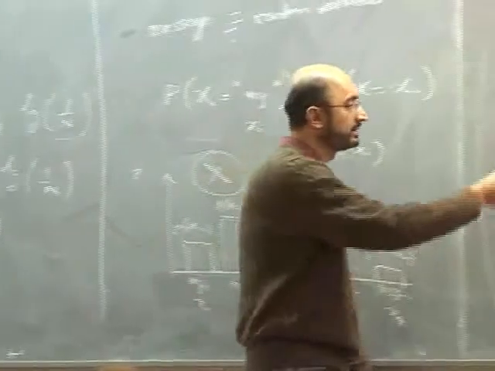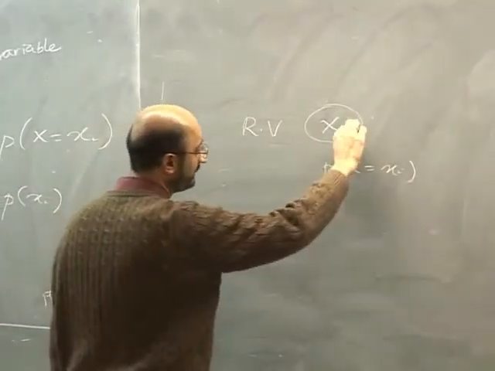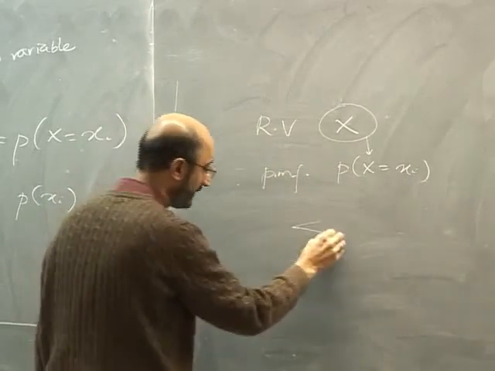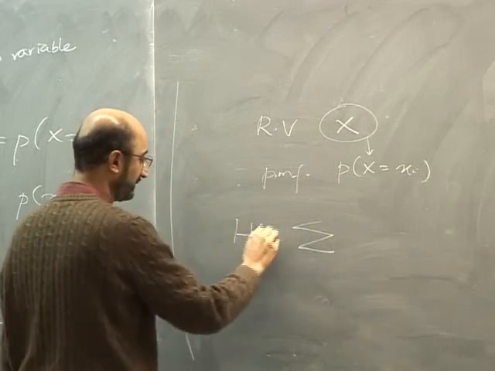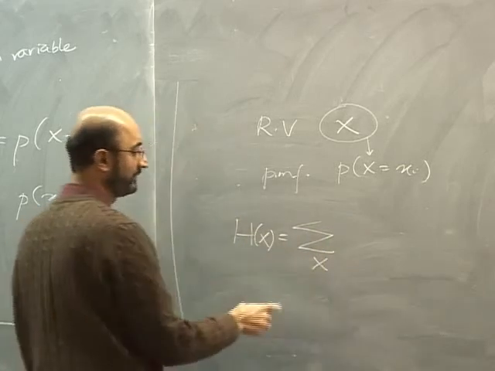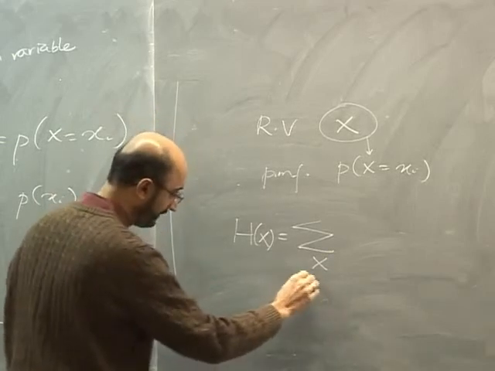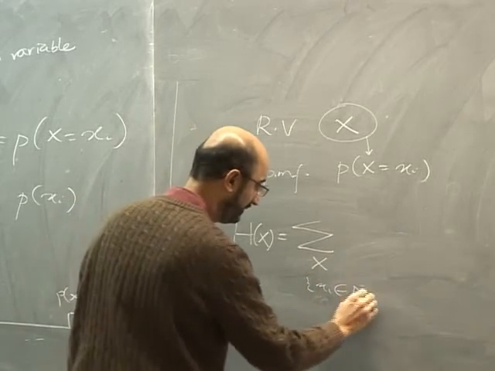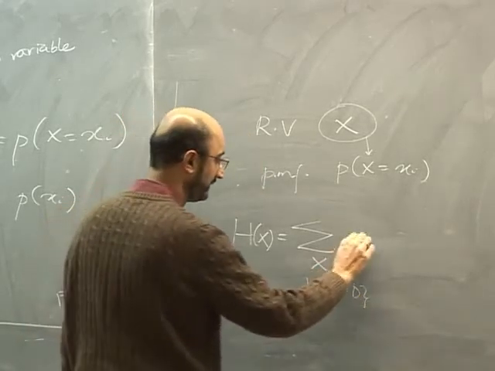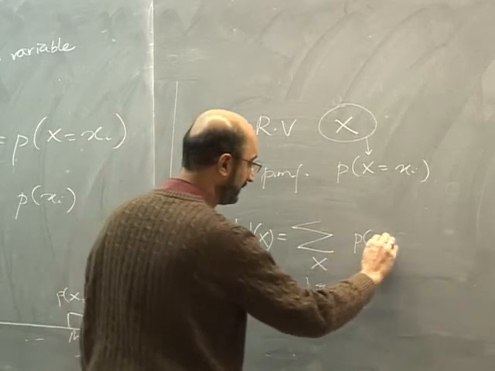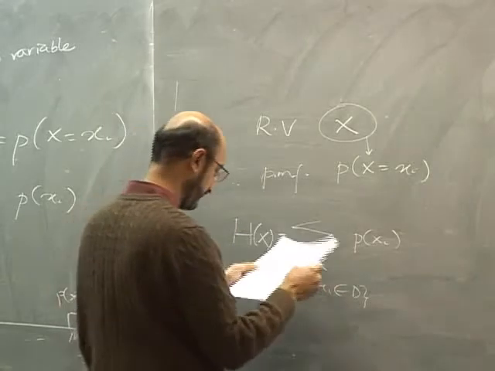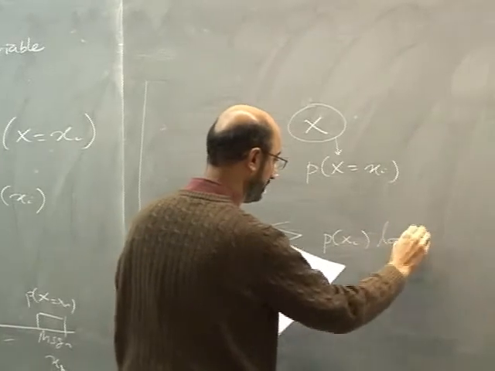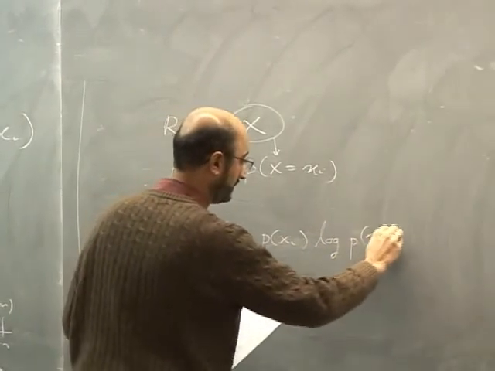At any rate, we have some random variable X and some underlying probability mass function P(X = xi), and then we can define the entropy of X to be equal to the sum over all the xi in the domain, where xi belongs to D, and D is the domain of the random variable, of P(xi) log P(xi).